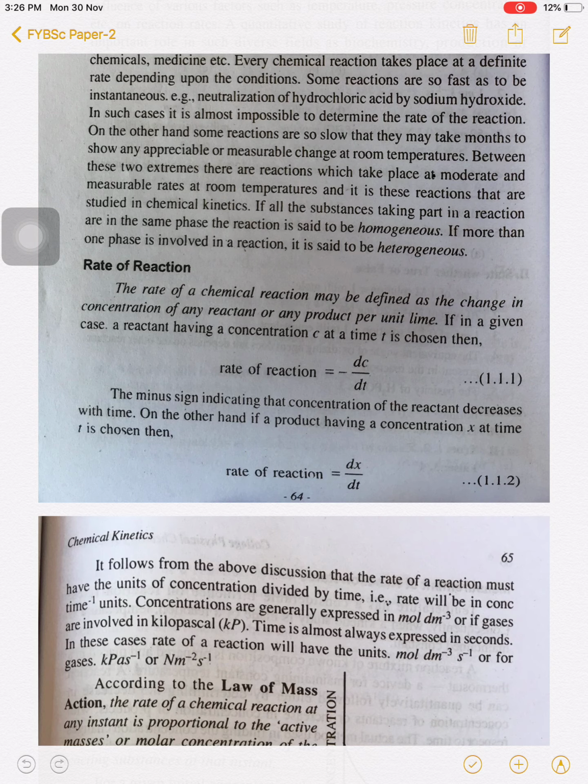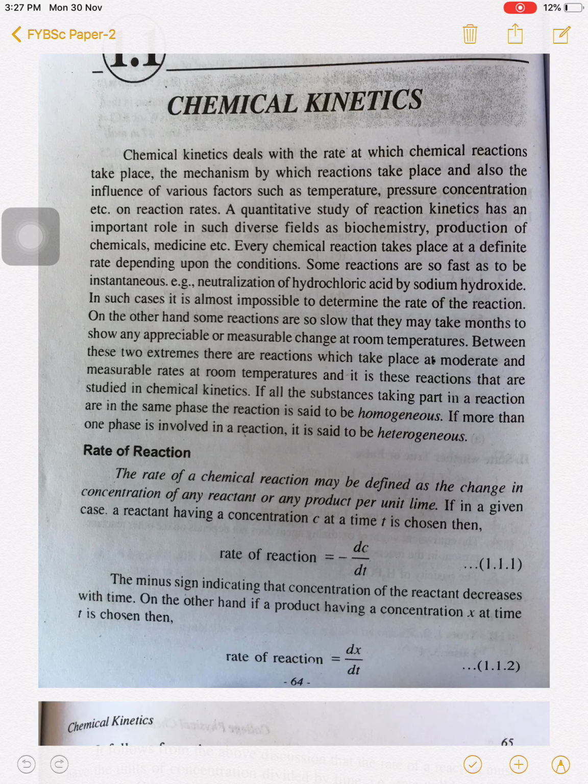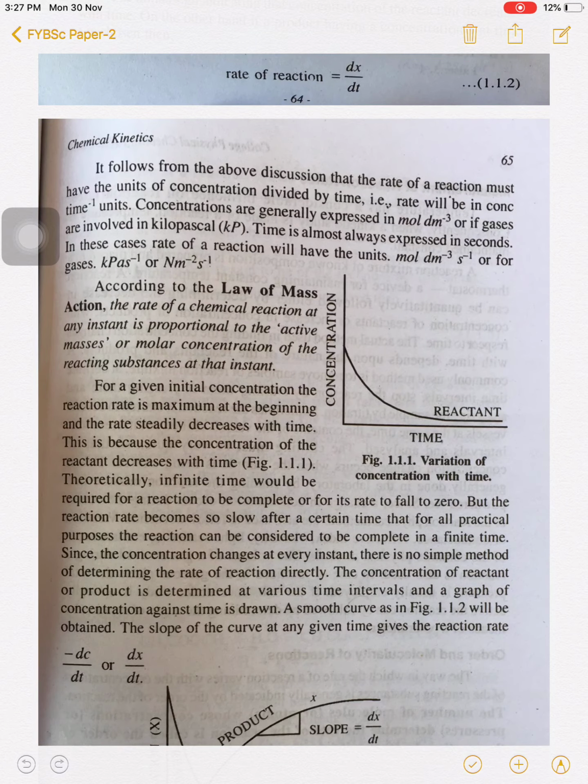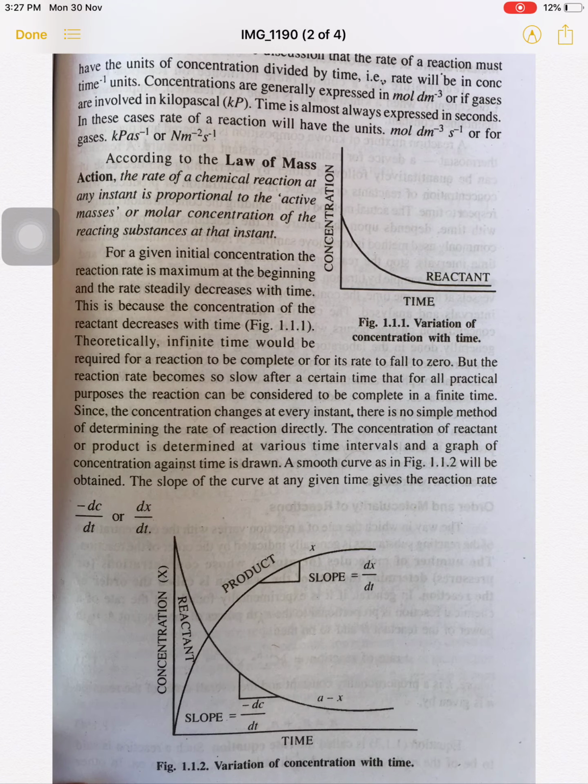So again I take a revision for the definition of rate of reaction. Rate of reaction is nothing but the change in concentration of any reactant or any product per unit time. That is known as the rate of reaction.